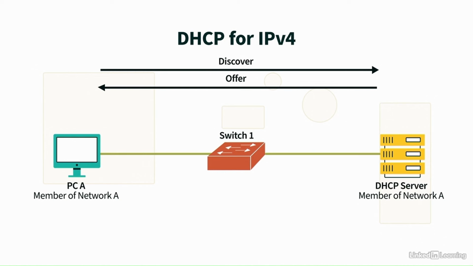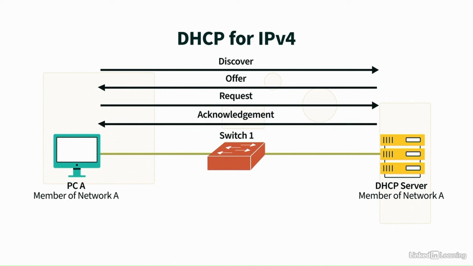Now, in this case, PCA only received one single Offer message, and it now learned the IP address of the DHCP server. So PCA is going to send out a Request message. That's the R in DORA, asking the DHCP server for IPv4 address information. And finally, the DHCP server responds to that Request message with an Acknowledgement. That's the A in DORA.